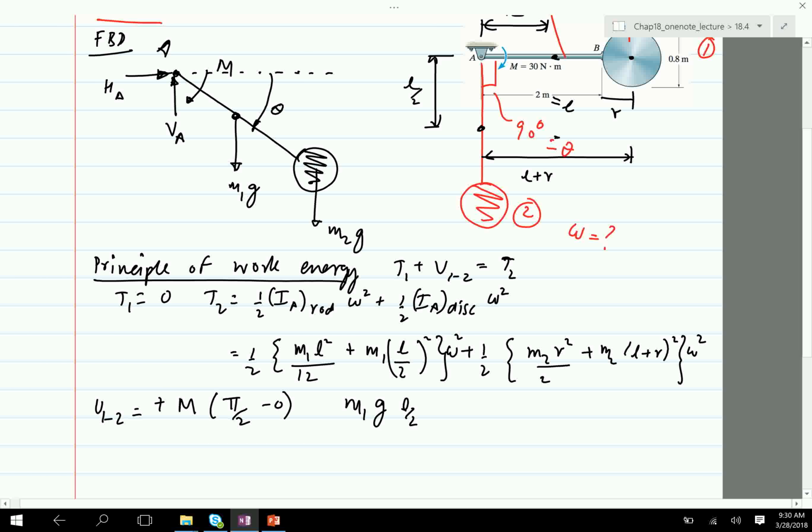Since m1g is downwards and L by 2 is downwards, the multiplication will give you a positive sign. And then there's m2g times the distance moved by the center, which is going to be L plus R. Again, m2g is downward, L plus R is downward, so the product of those two is positive.